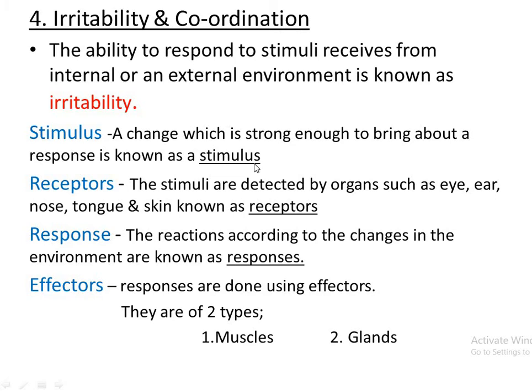Your muscles may have made your legs move back, or your glands may have secreted some hormones.